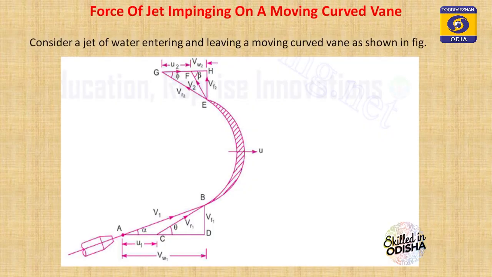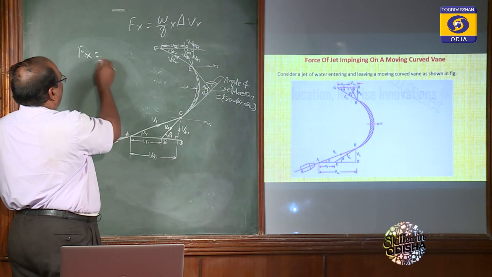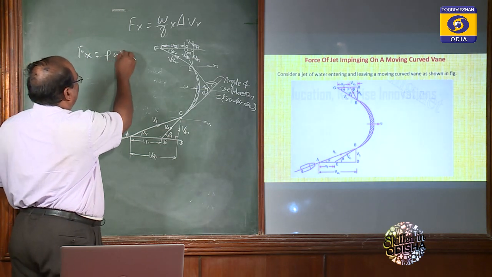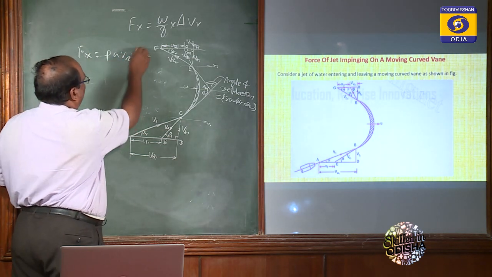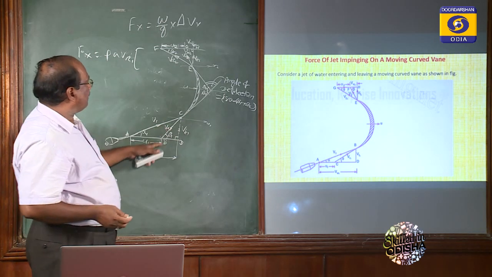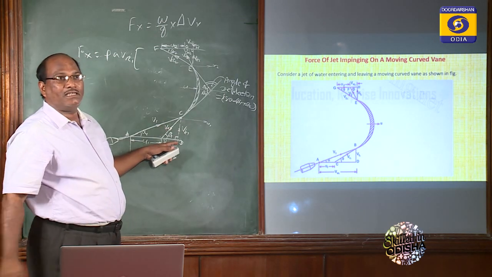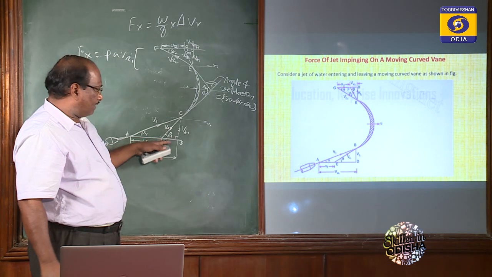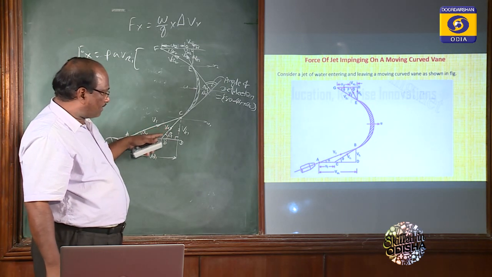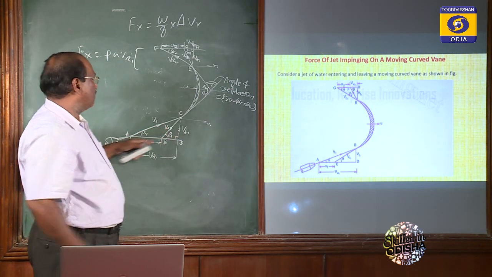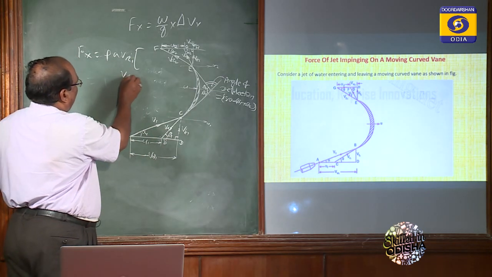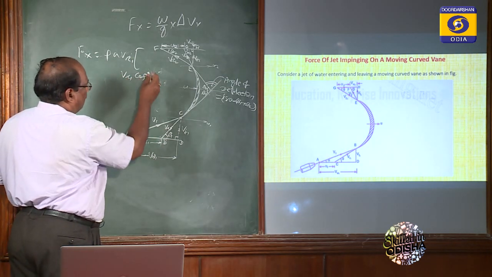So force equals mass into relative velocity in the direction of x, the direction of motion of the vane. That means the component of relative velocity BD in the x direction is VR1 cos beta 1.